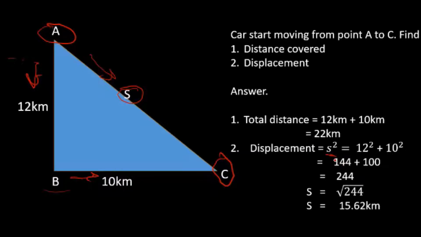The opposite being 12 and the adjacent being 10. If you add them, you get 244, and then you can find the square root of 244, which will give you 15.6 kilometers. So this summarizes the fact that at every point in time the displacement is lower than the total distance, and of course it focuses on direction, as earlier said.